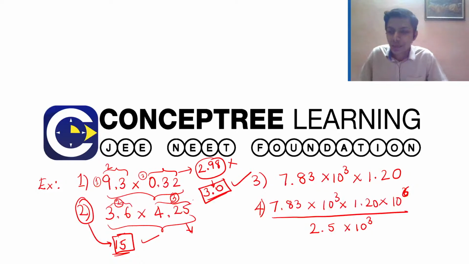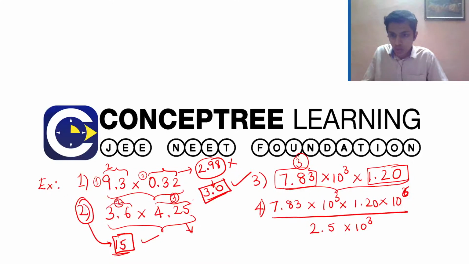Since the calculation is difficult, all of you are neglecting to do it. For this one, 7.83 has three significant figures and 1.20 also has three significant figures.